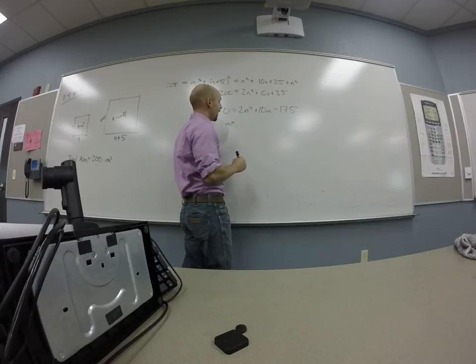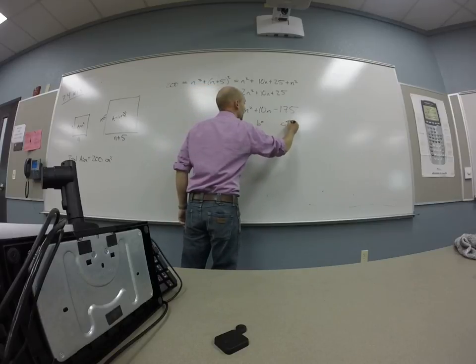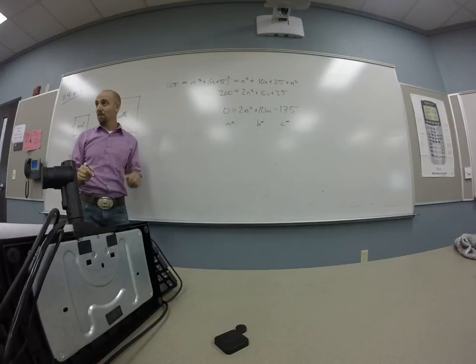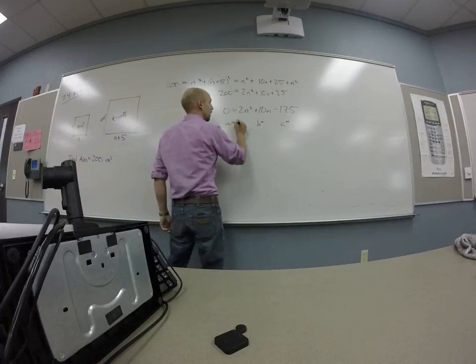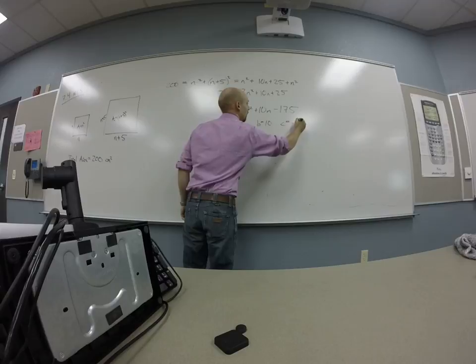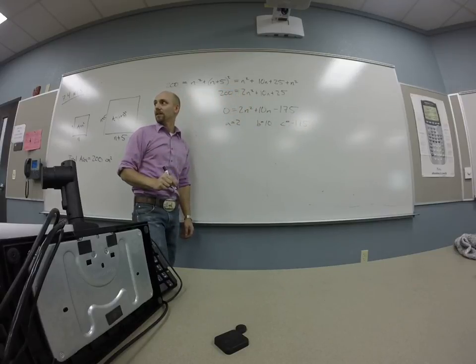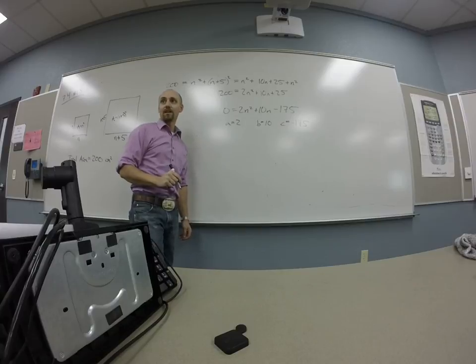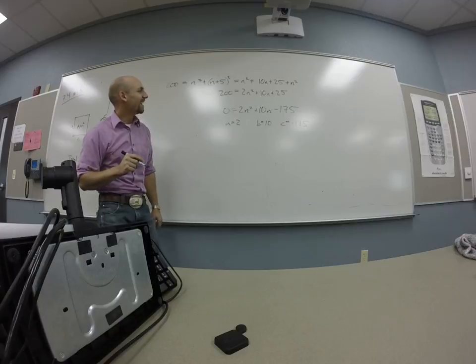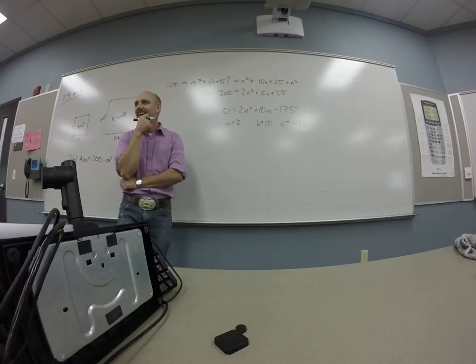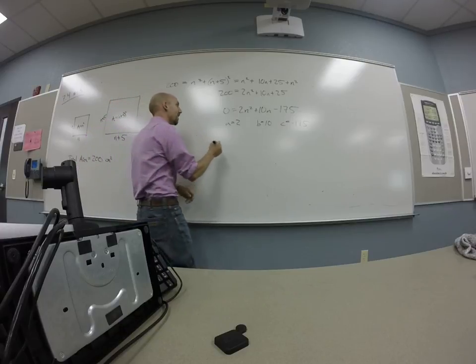All right, so what's A, B, and C? A is 2, B is 10, and C is negative 175. Good. And you guys seem to be doing a good job of attaching the negatives to these things. Really psyched on that. Don't disappoint me. All right, so what do I do with these? Plug them into the thing.